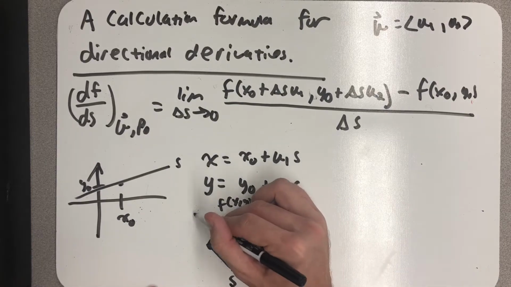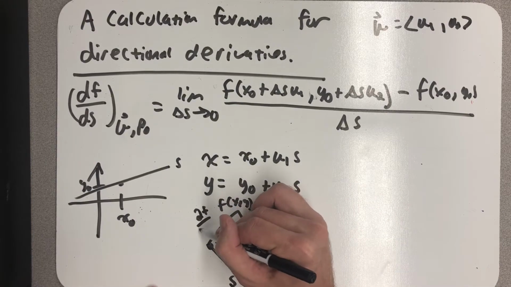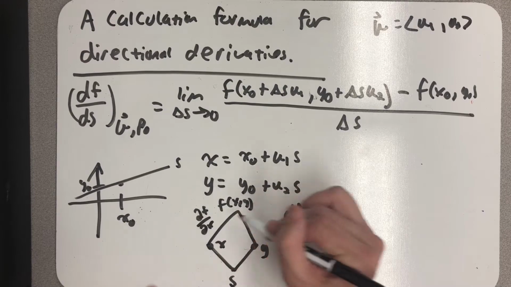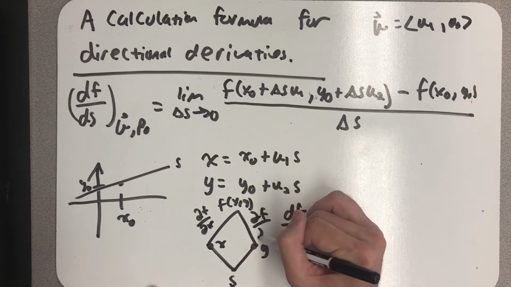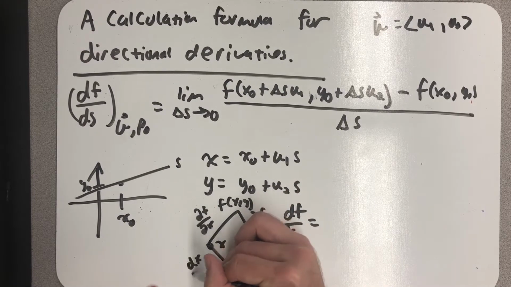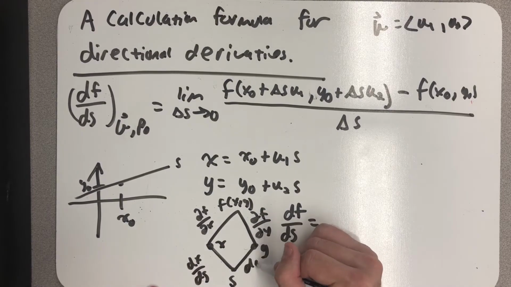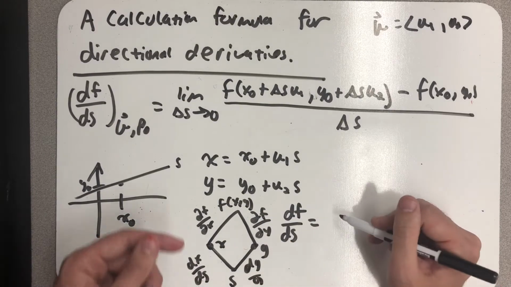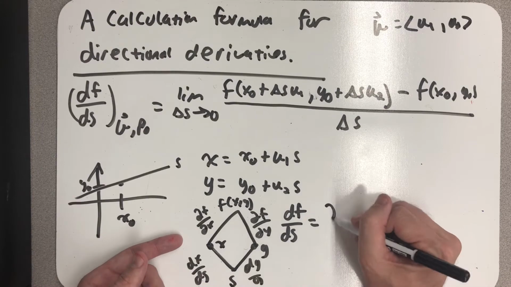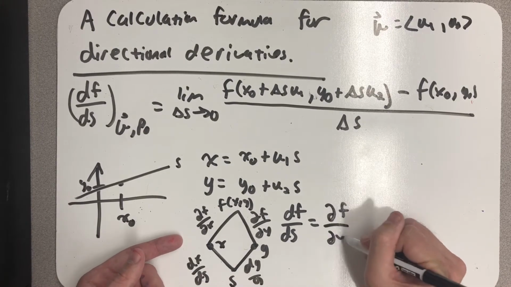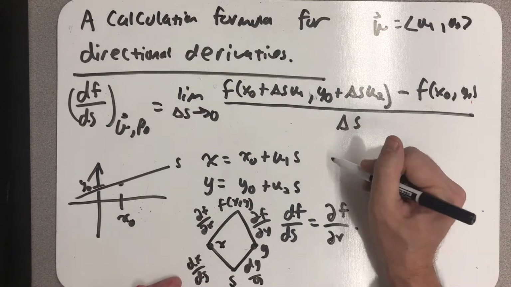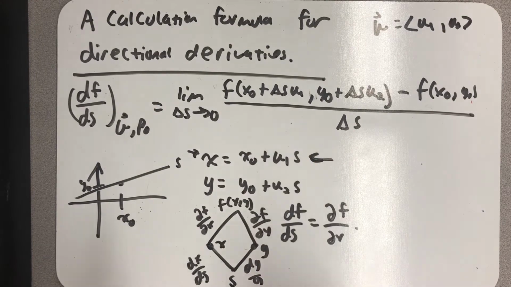Well, I would have a partial of f with respect to x, and a partial of f with respect to y, dx ds, and dy ds. All right, well, partial with respect to x times dx ds. But dx ds is linear, right?